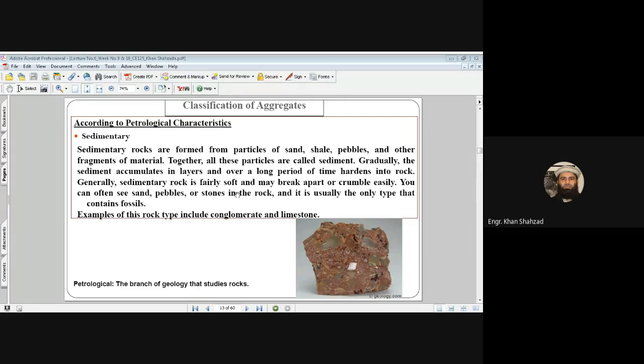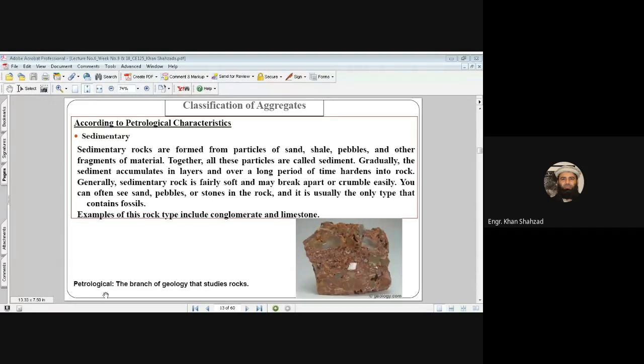Generally, sedimentary rock is fairly soft and may break apart or crumble easily. You can often see sand, pebbles, or stones in the rock, and it is usually the only type that contains fossils as well. Examples of this rock type include conglomerate and limestone.